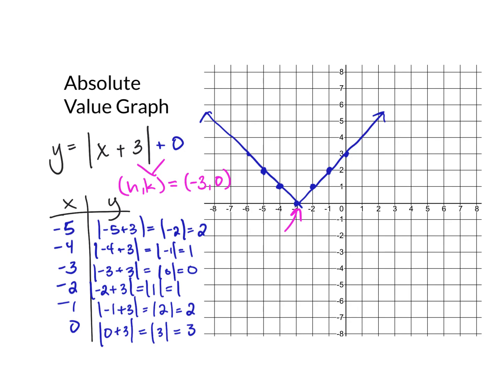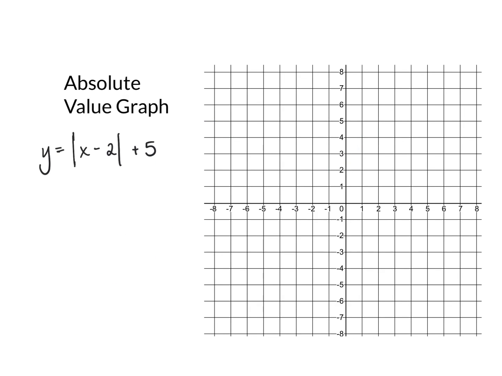So hopefully that helps explain why the inside of the absolute value is the opposite of what you would think. That works with pretty much all the graphs we're going to work with eventually. But there it is. So I'm not going to go through the whole table.